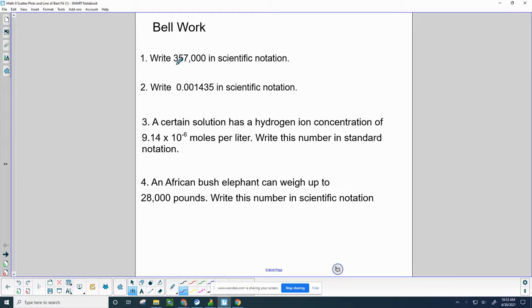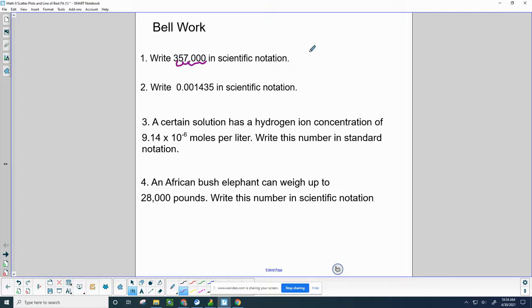So we're asked to write this number, 357,000, in scientific notation. So remember, what we need to do is find our decimal and then move the decimal either left or right until we have created a number that is between 1 and 10.